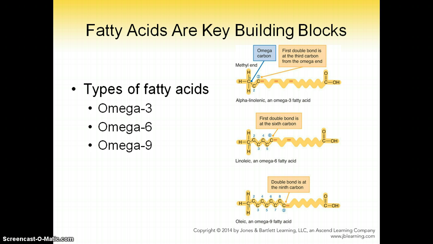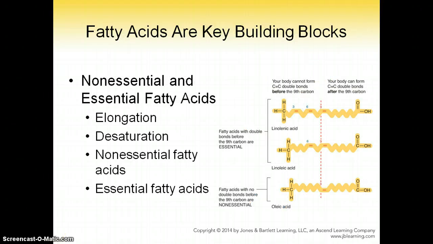When we look at the different types of fatty acids, you've probably heard some of these talked about in literature before, because people talk about different fish that has omega fatty acids, the omega-3 and omega-6, and these are just in relation to where that omega carbon falls with the double bond for that carbon. The key building blocks, then, as I said, are non-essential and essential fatty acids. With non-essential, the body can make them.